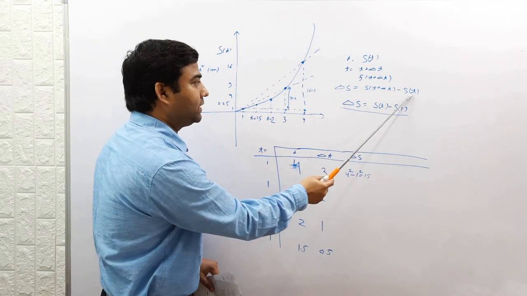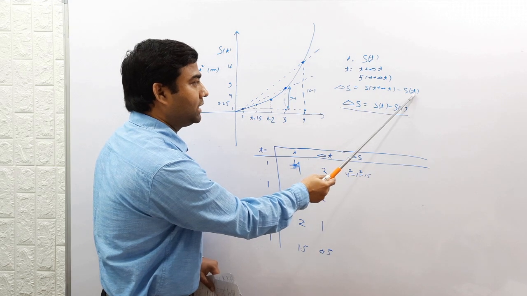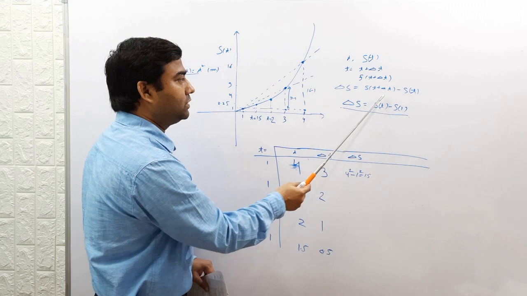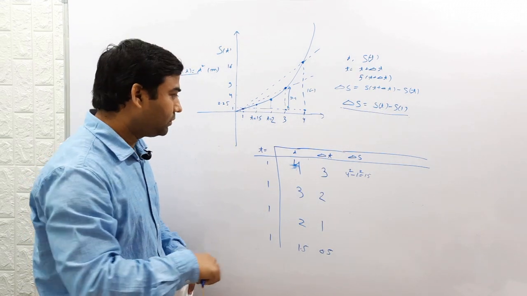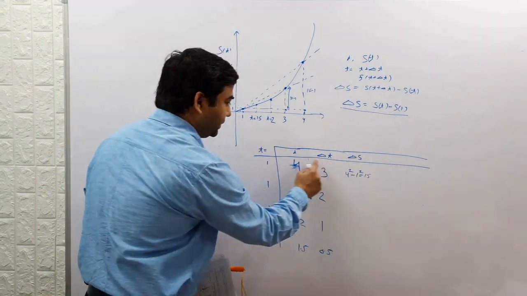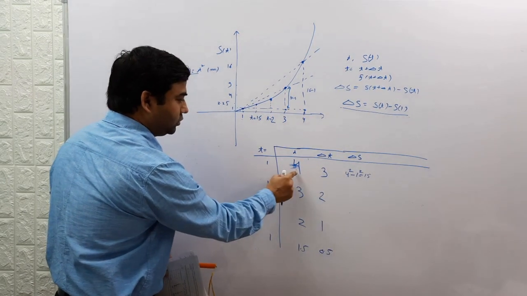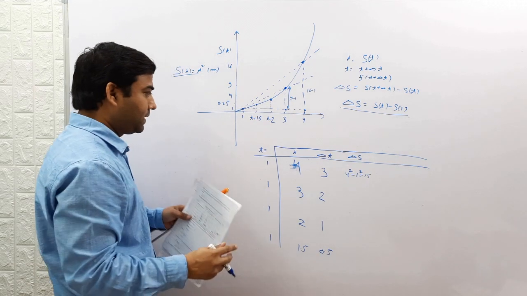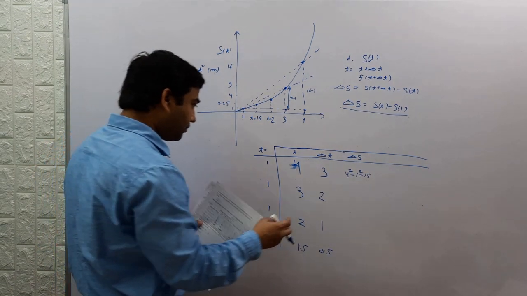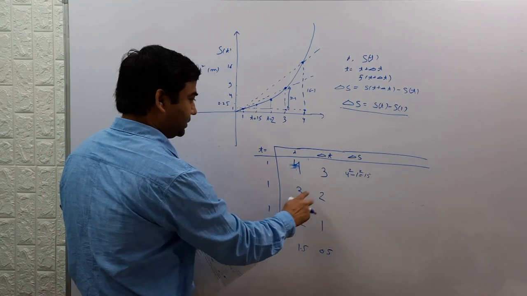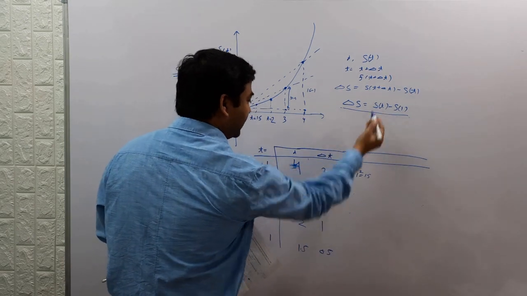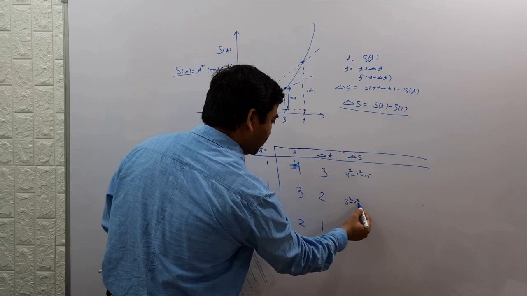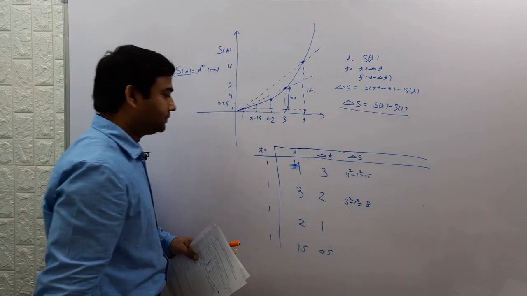From this also you can find it: you can put t equal to 1 for s(1), and for any particular value of time you can find delta s. So delta s between t equal to 1 and t equal to 4 is this. Similarly, for t equal to 3, delta s will be 3 square minus 1 square, which is equal to 8.